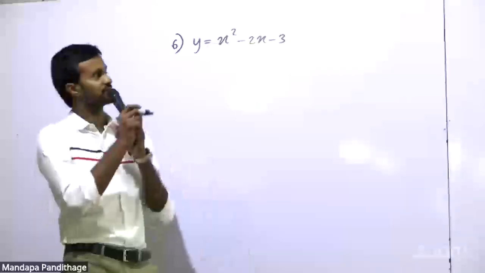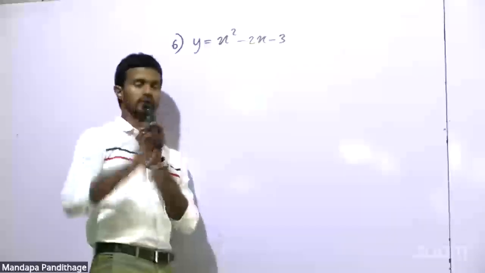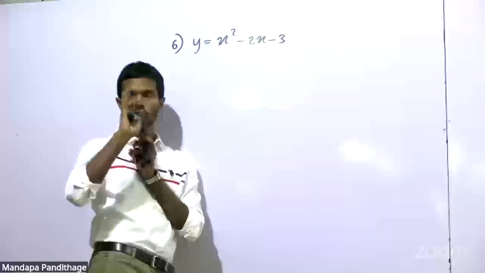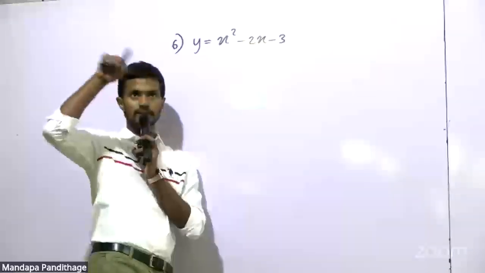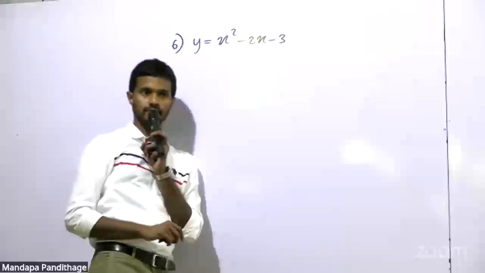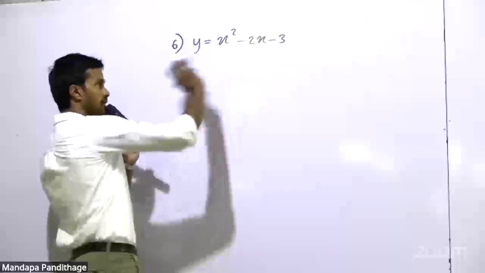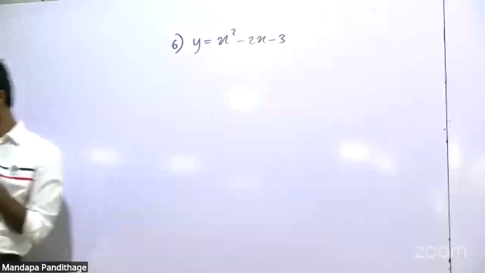Small thing I'll explain. When you are drawing a graph of a quadratic function, there are only two things that you need to find. If it is a minimum, you have to find the lowest point; if it is a maximum, you have to find the maximum point.